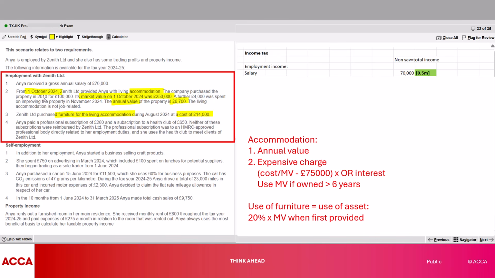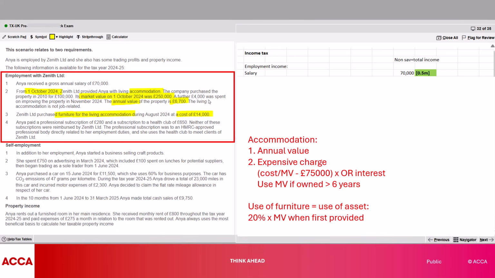So here it was bought in 2010. Anya moved in on the 1st of October 24. So at that point, it had been owned for 14 years. So we're going to base the benefit on that $250,000. If further amounts have been spent, those will be added to that, but only if they were spent before the start of the tax year.